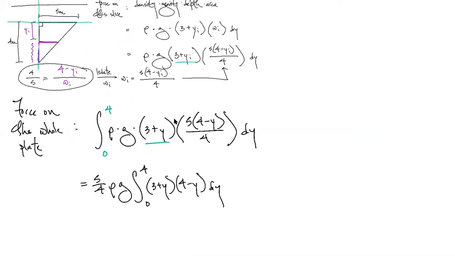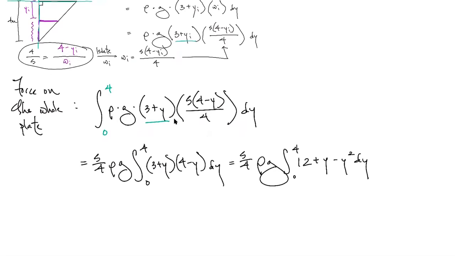Okay. So let's see what we get. 5/4 rho times g, the integral from 0 to 4 of 12 plus y minus y squared dy. And then we integrate.